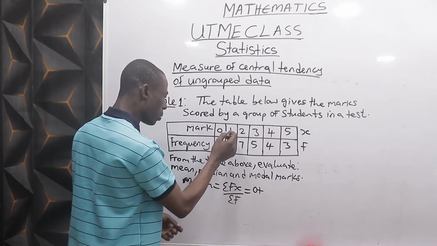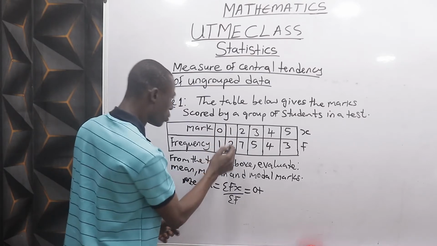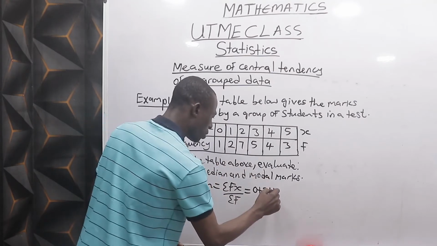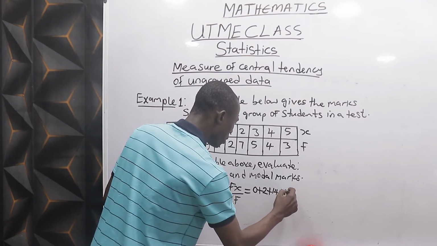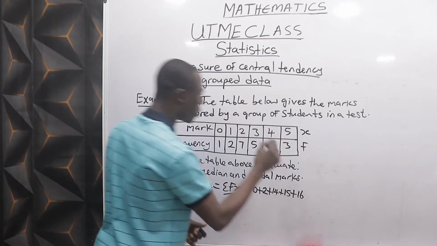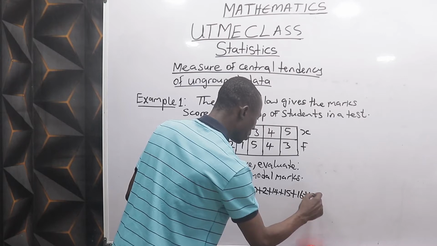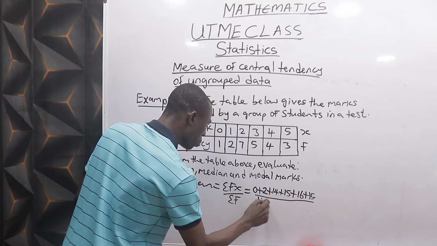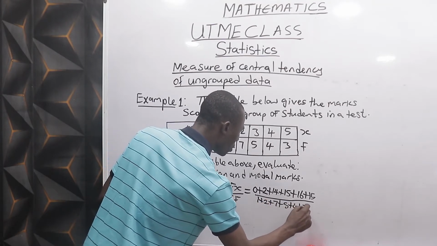2 times 1, that is frequency times x value. 2 times 1, that is 2, plus 7 times 2, 14, plus 5 times 3, 15, plus 4 times 4, which is 16, plus 3 times 5 is another 15, divided by addition of the frequency 1 plus 2 plus 7 plus 5 plus 4 plus 3.